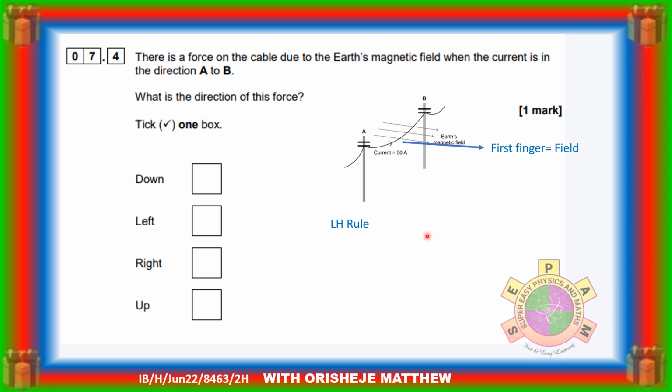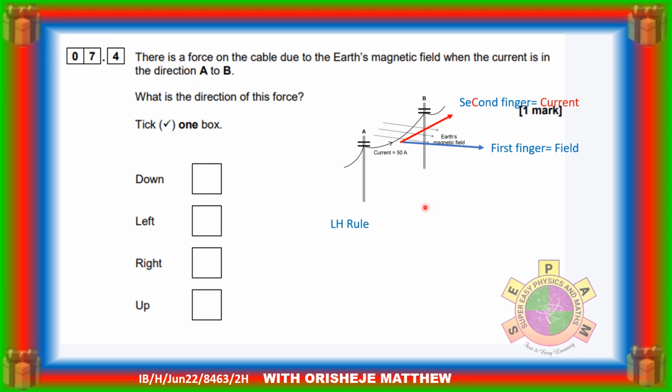Then point your first finger in the direction of the field, and your second finger goes in the direction of the current, which is the red one.